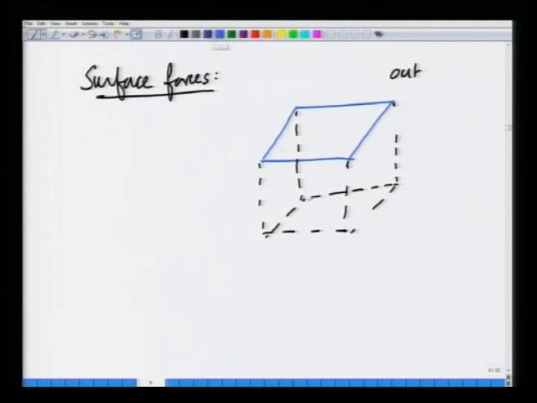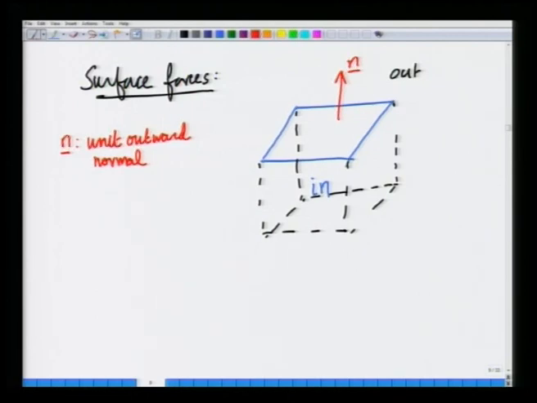There is fluid present outside and there is fluid present inside. And every surface is marked by a unit outward normal, let us call it n. It is a unit normal perpendicular to the surface, pointing from inside to outside, therefore it is called the unit outward normal.